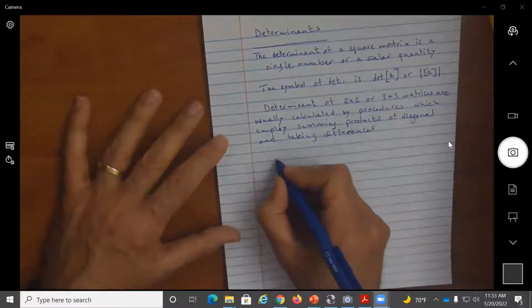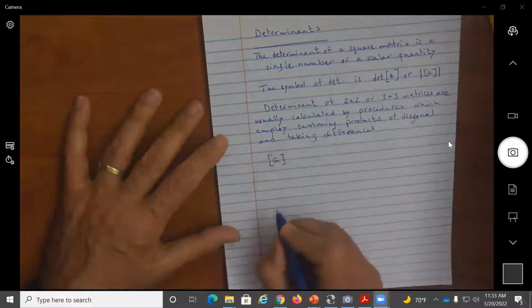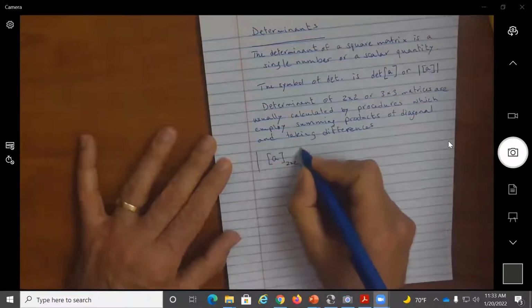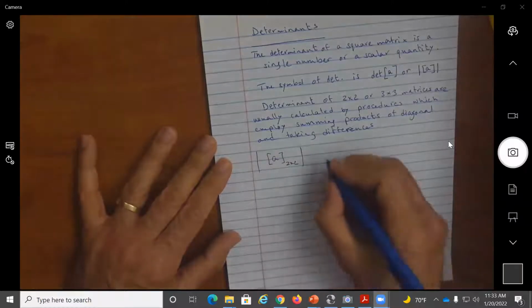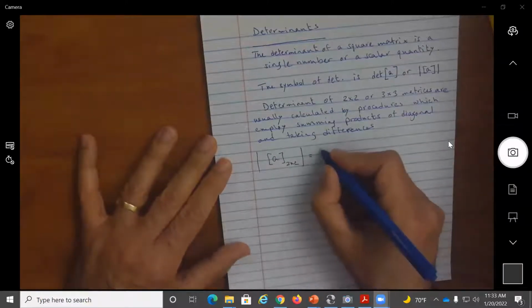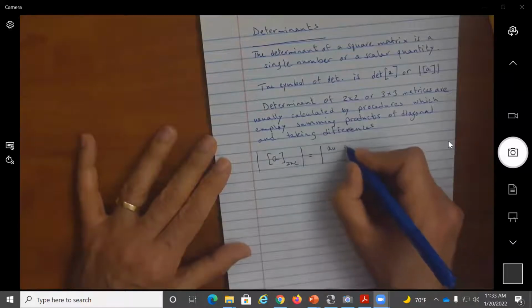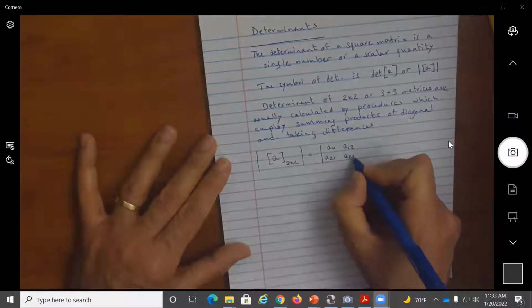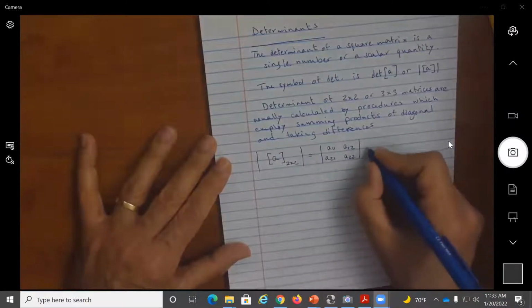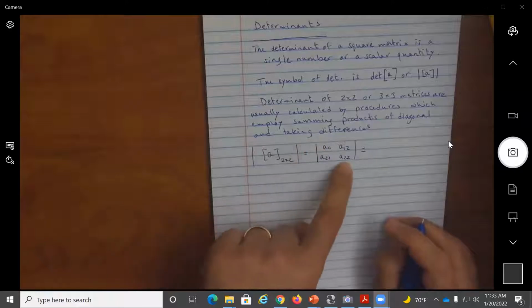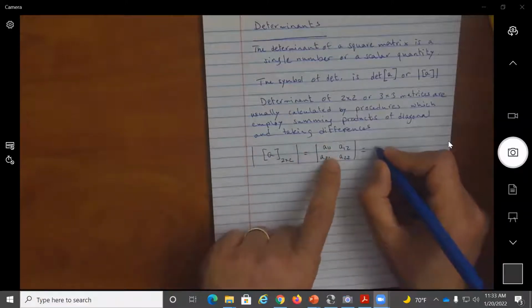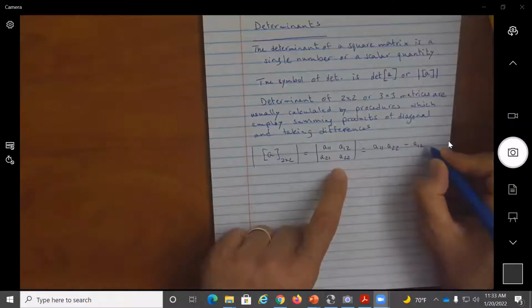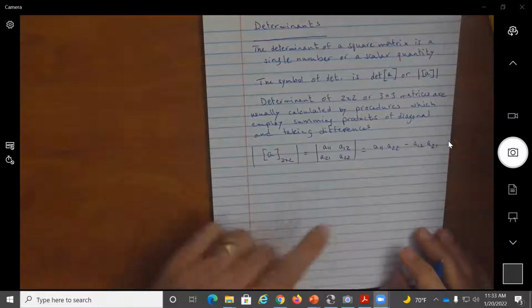As in, if I want to find the determinant of a 2 by 2 matrix, this is like the determinant of the elements A11, A12, A21, A22. This is equal to the product of the first diagonal, A11 times A22, minus A12 times A21.